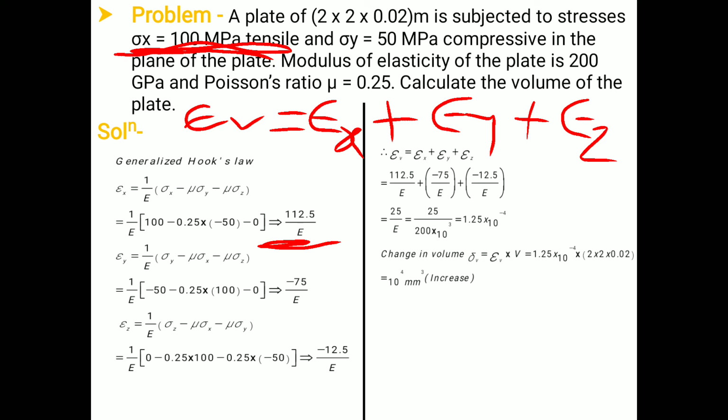Now we will find out the value of strain along y direction in the same manner by using generalized Hooke's law.